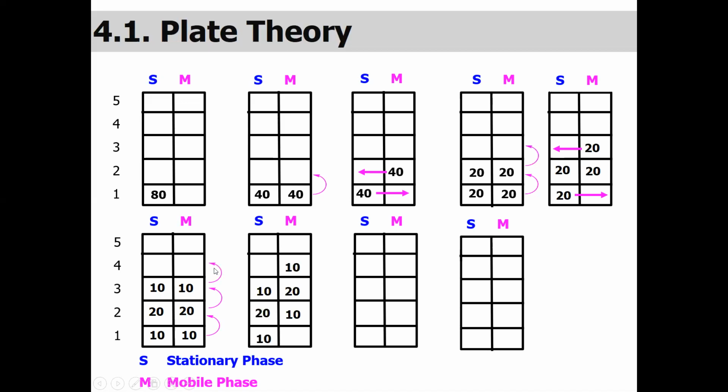Now again the equilibration process takes place, and ultimately the fourth theoretical plate containing solute will be shifted towards the fifth theoretical plate. And then the equilibration process takes place.